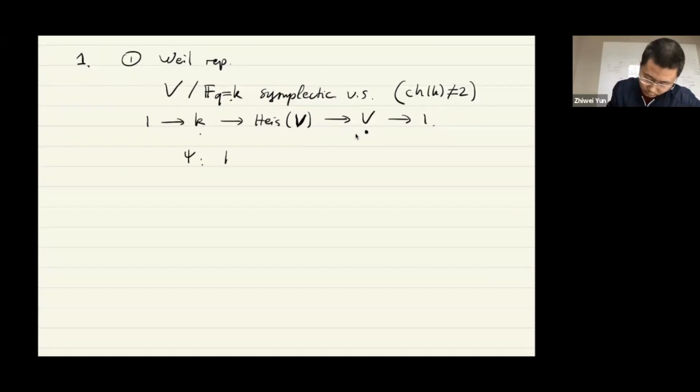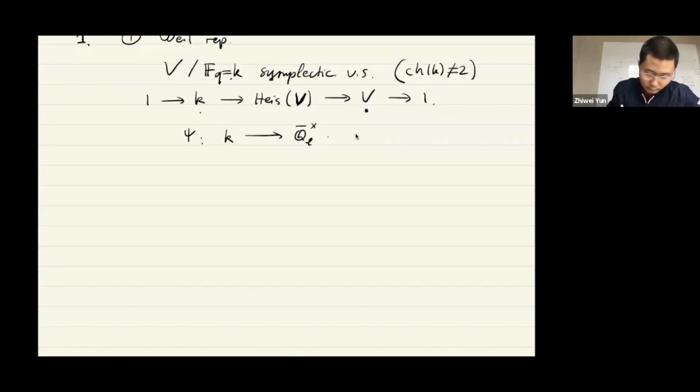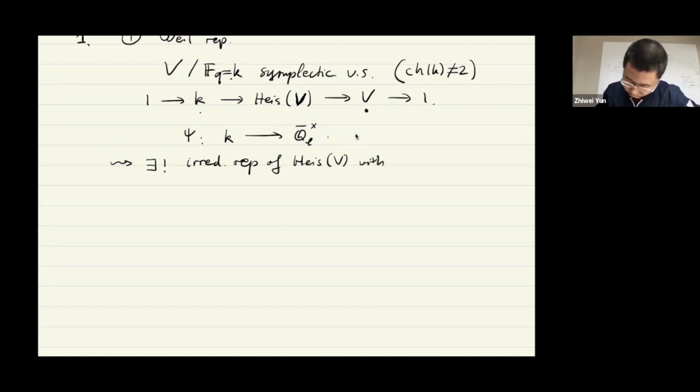If we fix a non-trivial additive character psi into some coefficient field, so I always consider QL bar, then there's a unique irreducible representation of the Heisenberg group with central character psi, so the restriction to this central K is psi.